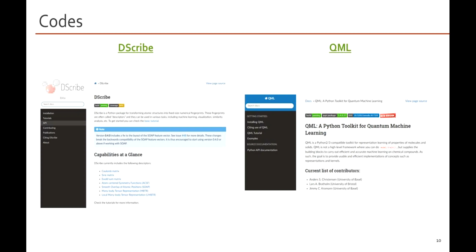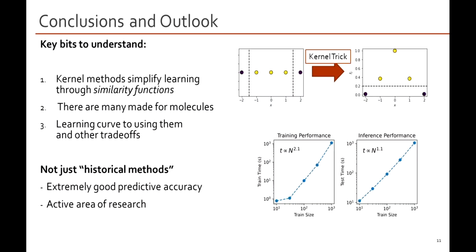So to wrap it up today, the things that I want you to remember about kernel methods are that they're based around this idea that I can make machine learning models easier to train if I apply some kernel that makes my initial training data higher dimensional. There are many of these kernels made for molecules, and if you can get around the learning curve to being able to use them, they can be very powerful tools.